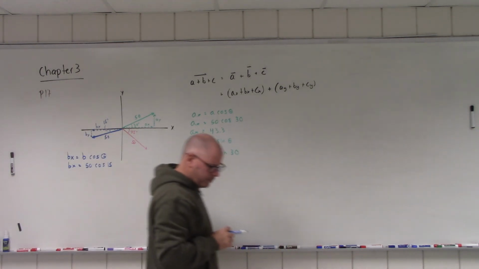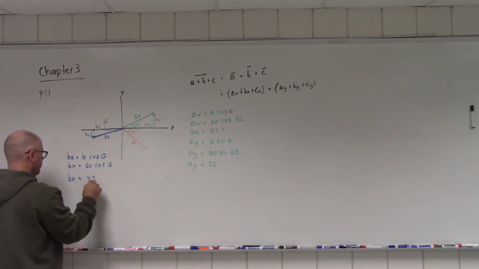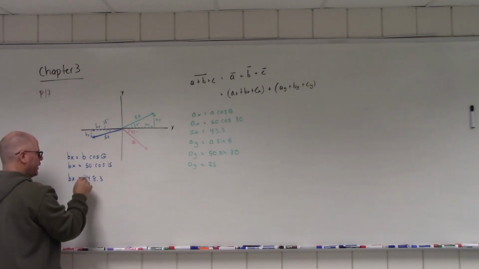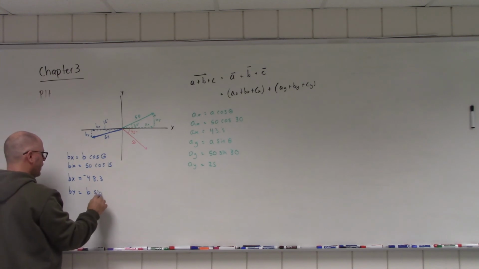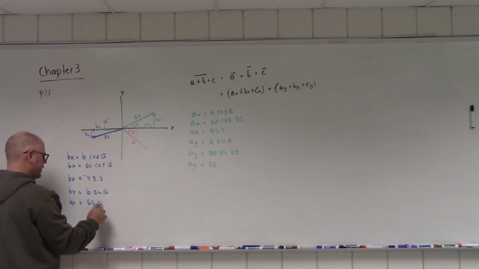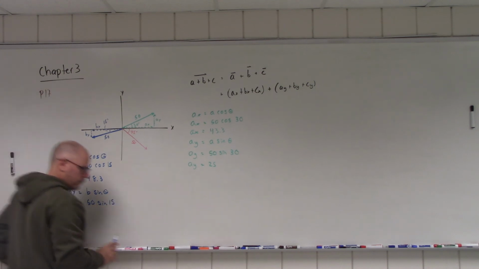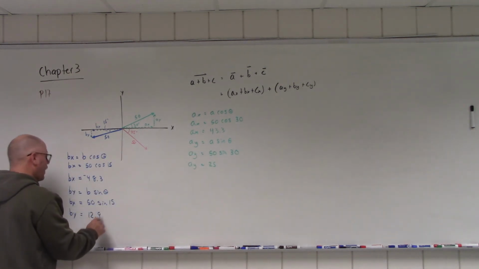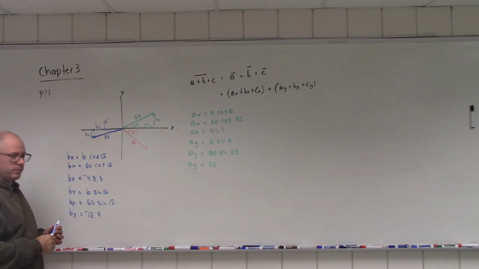So that's 48.3. Now, you see though it's pointing to the left, so we're going to include the negative. BY is equal to B sine theta. 50 sine 15. It's 12.9. But this one points down, so we're going to include the negative sign on that one also.